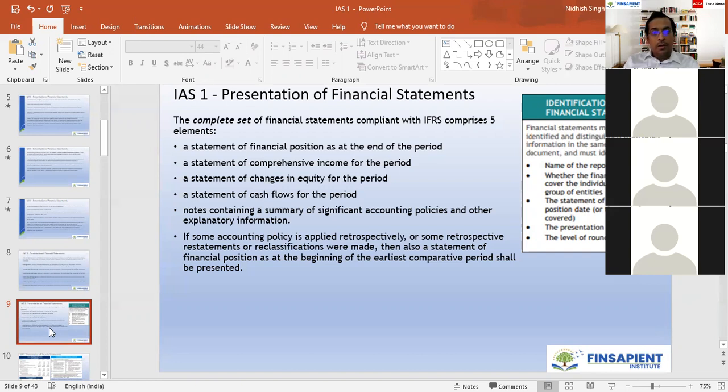Whenever it is done, all these impacts are analyzed retrospectively. That means you need to also consider what would have changed, or what will be the impact in the previous year's numbers. Because in IFRS, we report 2020 for this year and then 2019 as a comparative. So if we change the accounting policy, we need to also do retrospective analysis to find out how the number would have looked for 2019. And you know why?